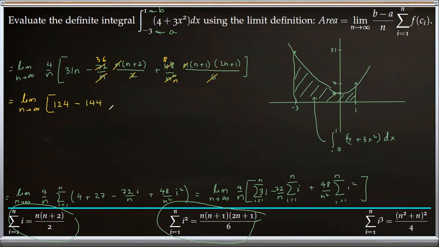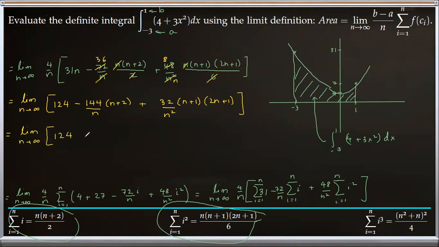Then we have 144 by n plus 2, plus, now 4 times 8 is 32. 32 over, then we have n times n, which is n squared. And on the top, we have n plus 1 times 2n plus 1. Now let's simplify these wherever we can so that we can do the limit.